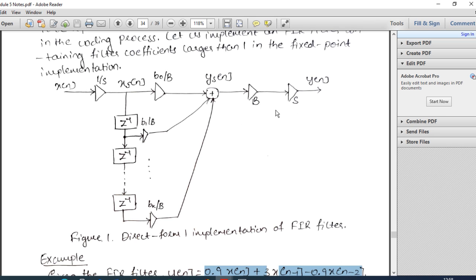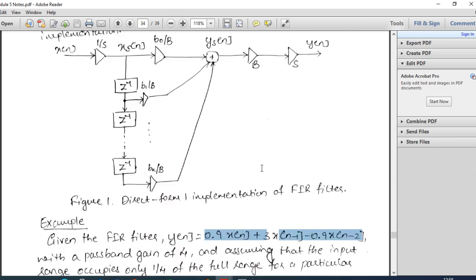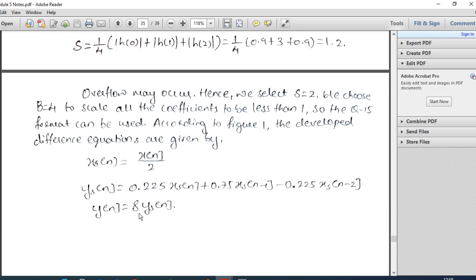So 2 into 4 becomes 8. This y_s(n) should be multiplied by 8 to obtain the original output y(n), which is shown here: y(n) equals 8 into y_s(n). Like this, the FIR implementation is implemented using fixed point system.